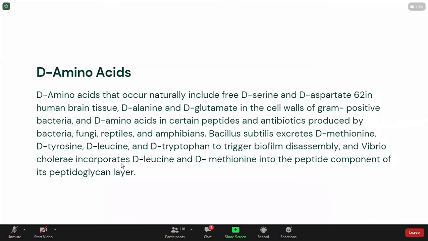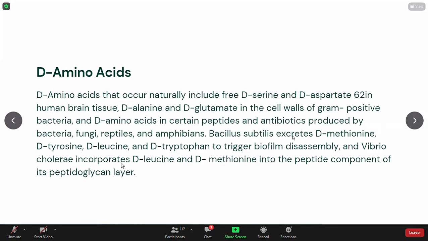Now, we're talking about L amino acids. There are D amino acids found in some gram-positive bacteria, and amino acids in antibiotics produced by bacteria or fungi or reptiles and amphibians.